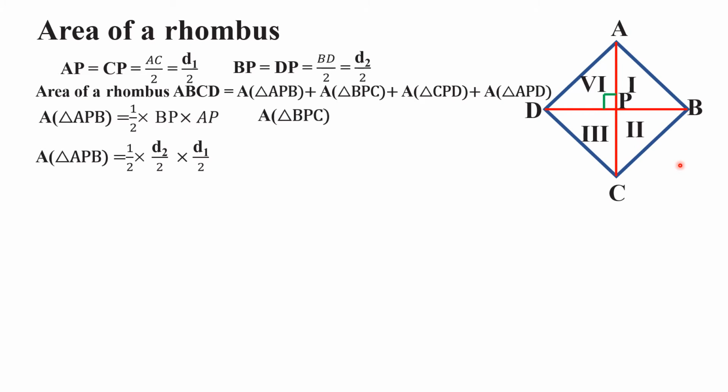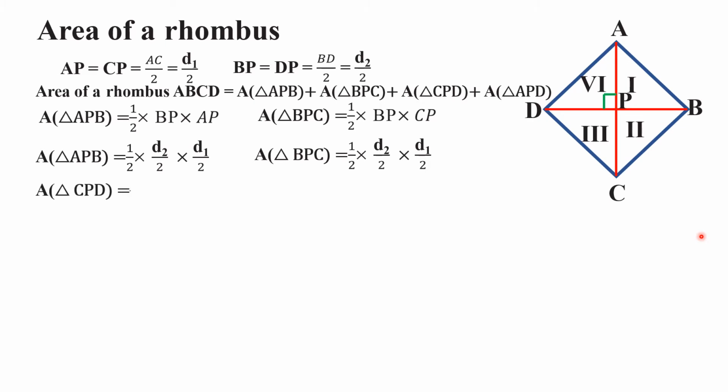Area of the second triangle, triangle BPC, is equal to half into BP into CP. Now substitute the values of BP and CP. Area of triangle BPC is equal to half into D2 upon 2 into D1 upon 2. Similarly, we find the areas of the remaining two triangles.